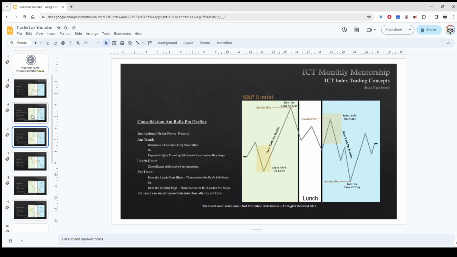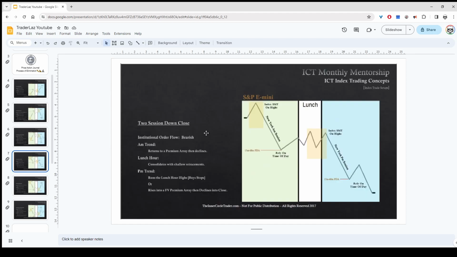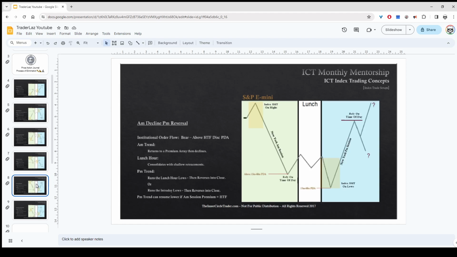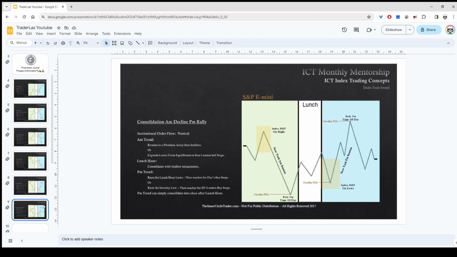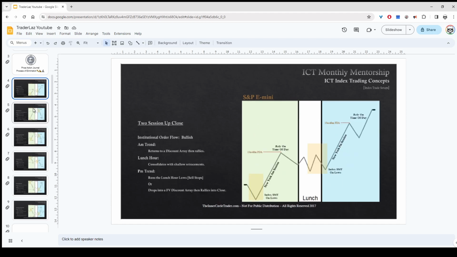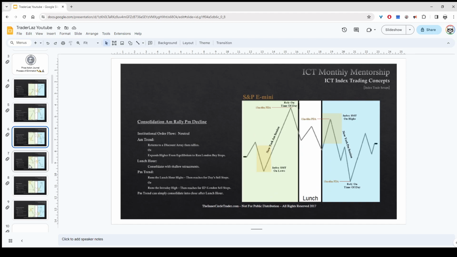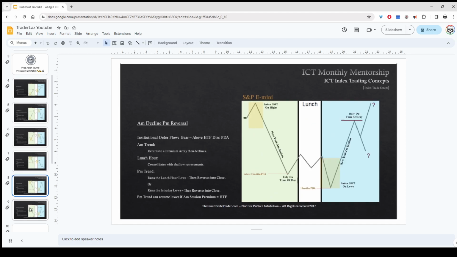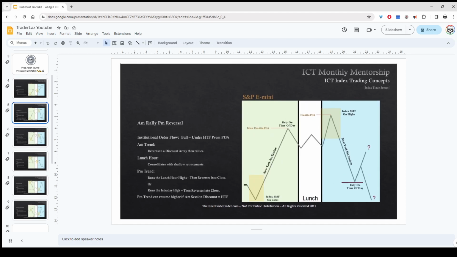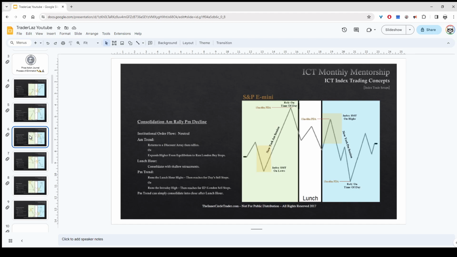If I have an AM decline, I have 3: AM decline, PM decline, AM decline, PM reversal, AM decline, PM consolidation. So if AM has rallied, I can only now look at 3 profiles. I've eliminated the AM decline profile. So I've set up a PM session based off of only 3 possible outcomes.